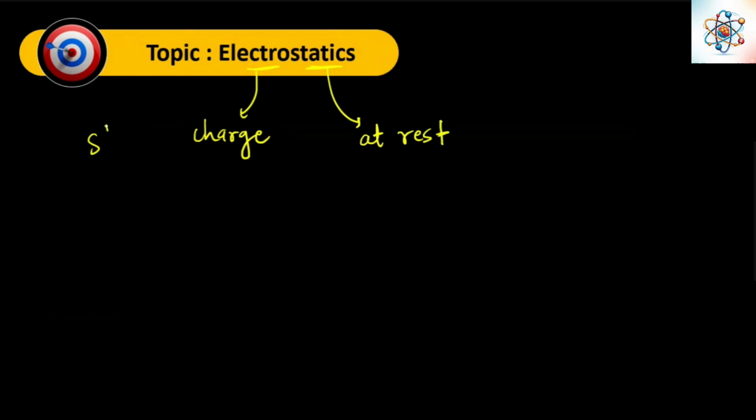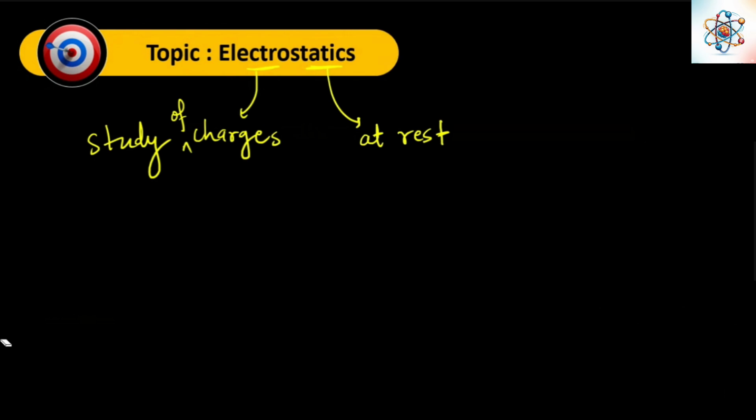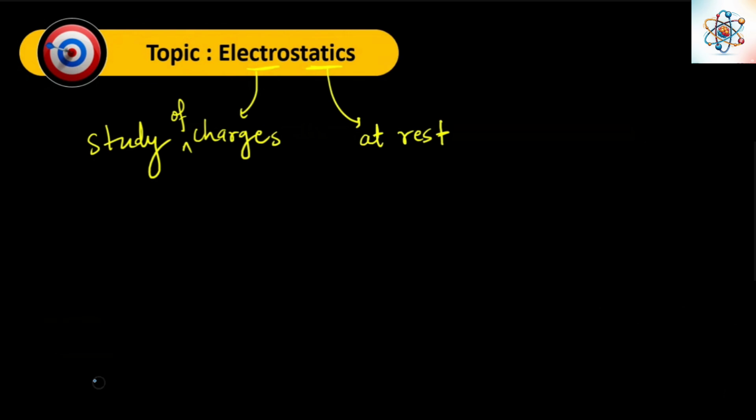So it is basically the study of charges at rest, that is, how charge behaves when they are not moving, they are static, and what damage they can actually cause if they move.